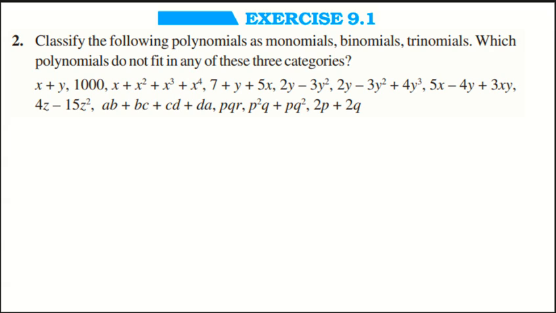And next, coming to the question number 2. See children, in this question number 2, we have asked to classify the following. I can tell you, I have got 1, 2, 3, 4, 5, 6, 7, 8, 9, this is the 10th one, 10, 11th one and 12.